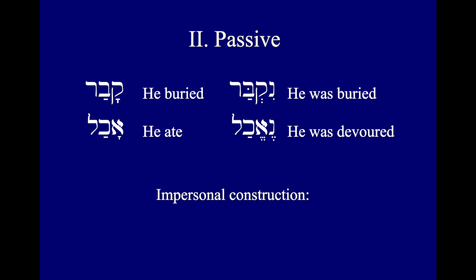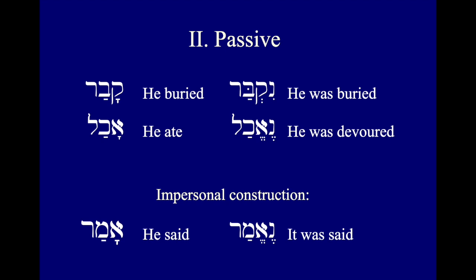You can sometimes run across what's called an impersonal construction of the passive. So amar would mean "he said." That's a Qal perfect 3ms. A Niphal perfect 3ms of amar would be ne'emar, which is like "it was said." Sometimes in English we say, "Well, they say that this is really good over here." It was said. This is how you'd say that kind of impersonal construction in ancient Hebrew.